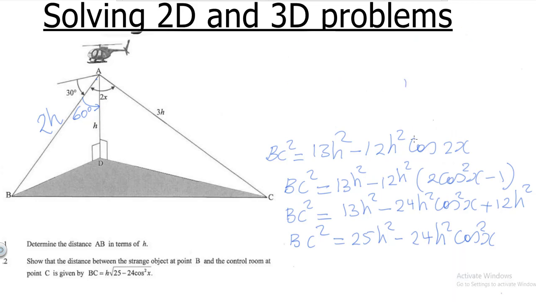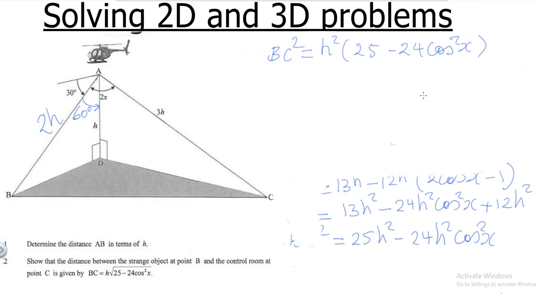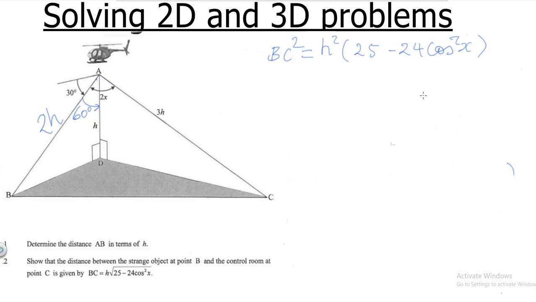All right, if you look at this question, I think you can continue. So BC squared, if you look at the common factor here, will be h squared, okay? So what will remain here is 25 minus 24 cos squared x. Now, because we are looking for BC, we take the square root of both sides.